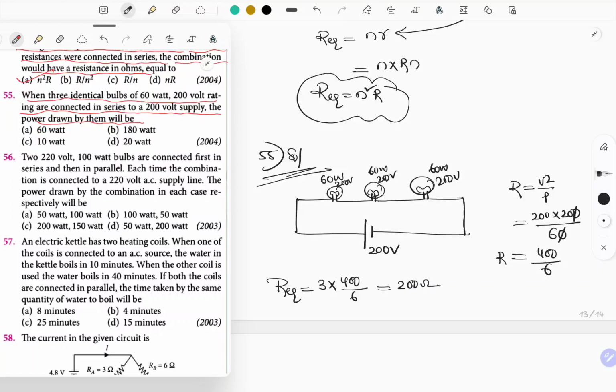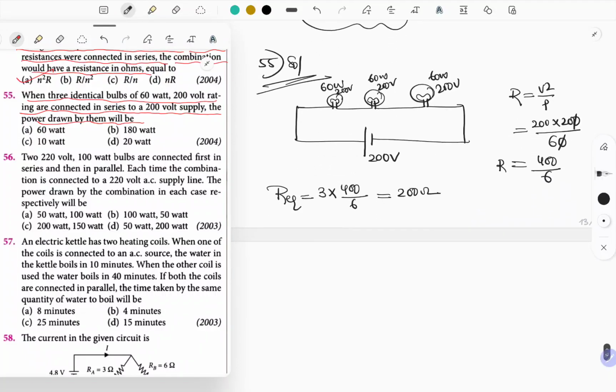So each bulb is of resistance 200 ohm. The total supply voltage that is given is 200 volts. Then the power dissipated formula is V square by R. V square is 200 into 200 divided by R.